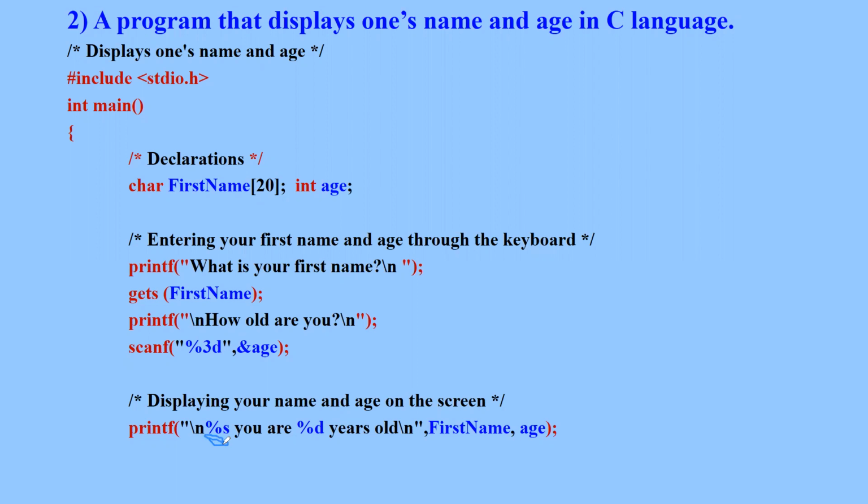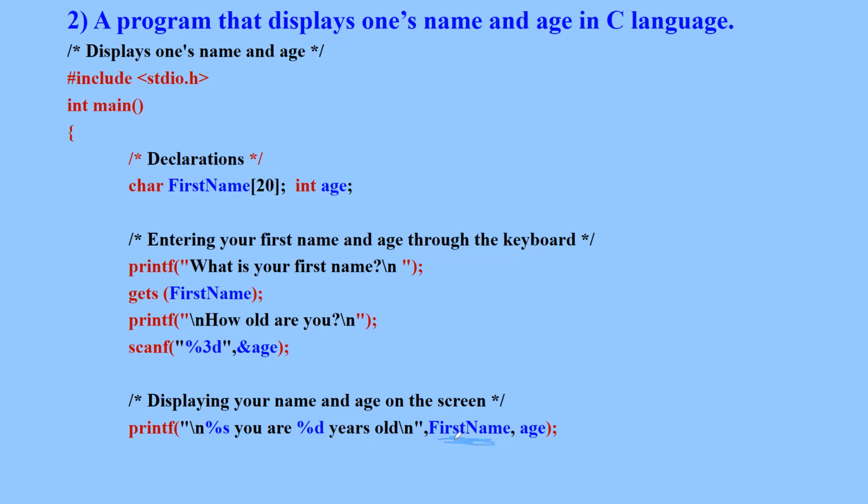This %s is what we call the identifier for a string variable. So pick whatever is in the memory location, which is of type char or a string, and that is whatever is stored in the memory location called first name.